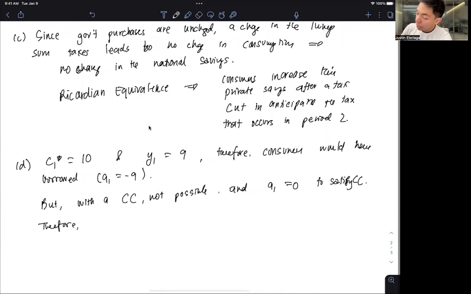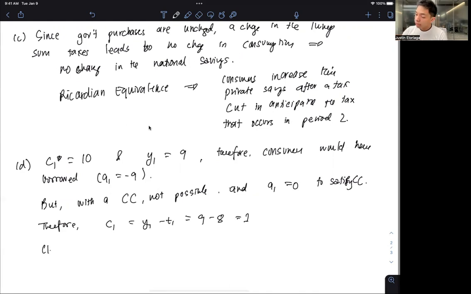Because of this, the best C1 can be is just Y1 minus T1. Y1 is equal to 9, T1 is equal to 8. So C1 will now be equal to 1. That's the best the consumer can do with the credit constraint, because they still have to pay the taxes in the first period for sure. They have to pay that.